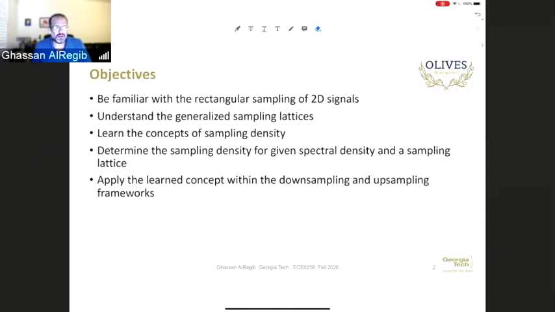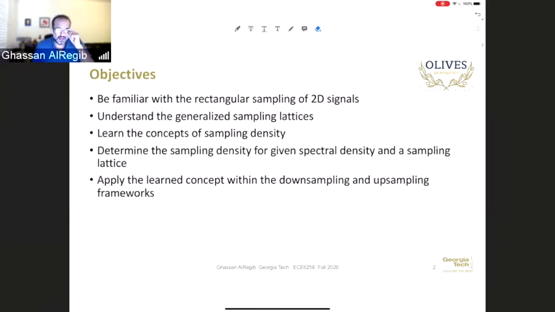And then that will lead us to understand the concept of sampling density, and introduce from there what would be the density if we have a special spectral density and sampling lattice for a given signal.